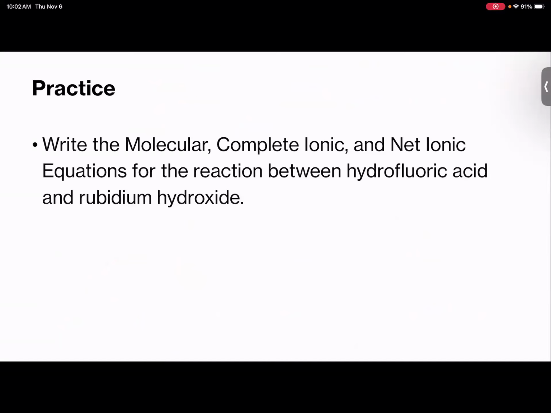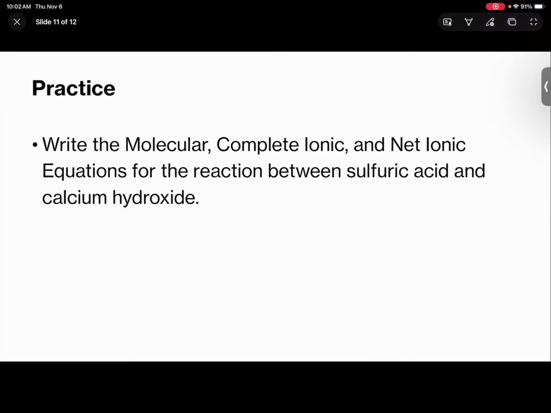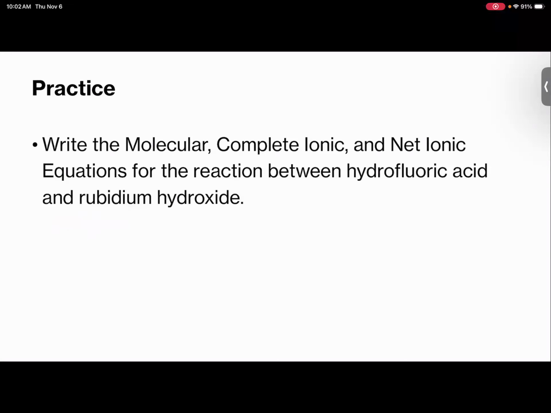Let's look at another example. Let's look at the reaction of hydrofluoric acid with rubidium hydroxide. Hydrofluoric acid is HF aqueous. Rubidium hydroxide has the formula RbOH aqueous. That is going to go to form water.